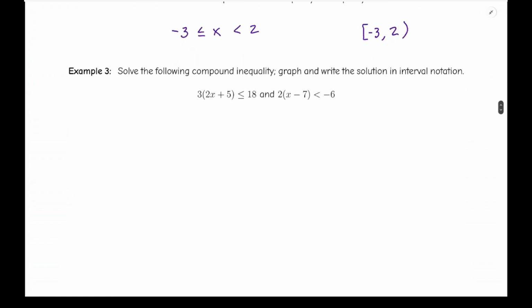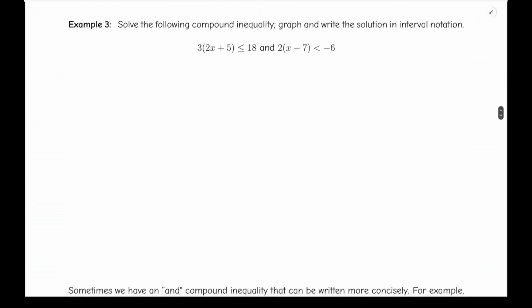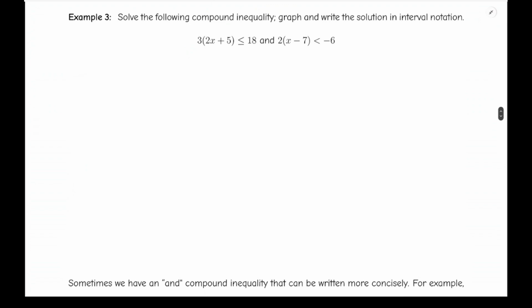Example 3. Solve the following compound inequality, graph and write the solution in interval notation. So this one, I'm not giving you the steps. We're just going to go about it like we did before. So I'm going to solve them each separately. Now we have a choice here.